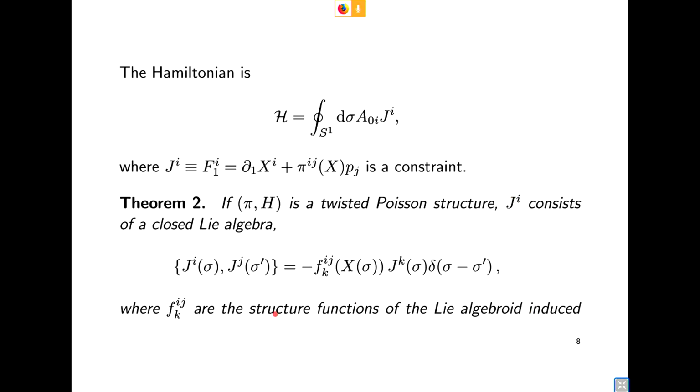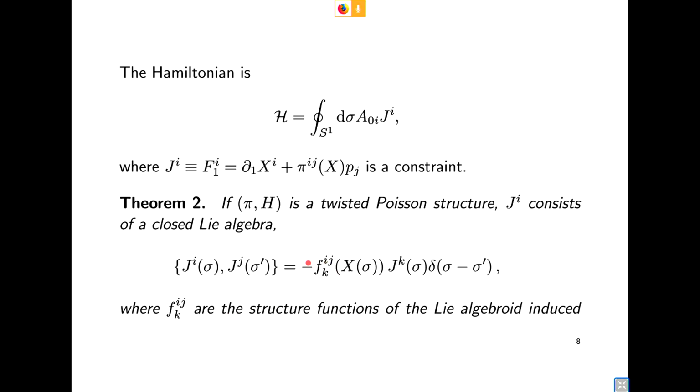So we obtain this theorem: if pi and h is a twisted Poisson structure, Ji consists of a closed Lie algebra. We can easily compute this equation, so that the condition equal to 0 is consistent with the Poisson bracket.